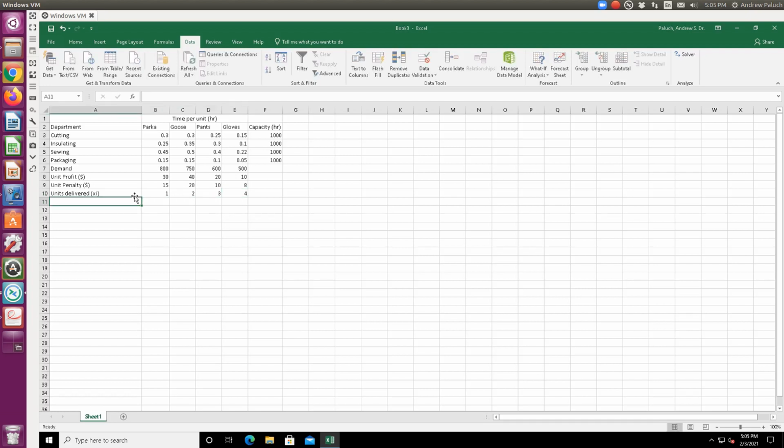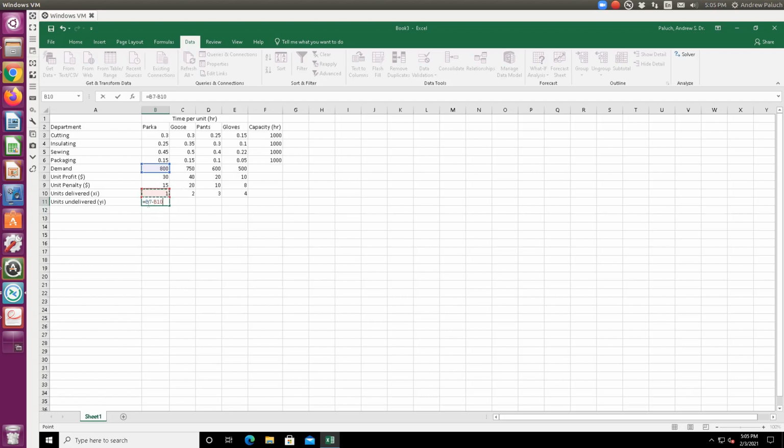I'm also going to create a row for the units undelivered. Those were our y_i variables. Remember, our y variables aren't necessarily constraints, but they're just equal to the demand for each product type minus the number of each product type delivered. So in this case, equals B7 minus B10.